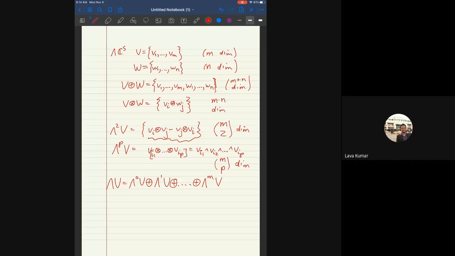And if you check what dimension this vector space has, it's the sum of all of these components, and you can check that it's a 2 to the M dimensional vector space. Okay, so that's how the exterior algebra over V is defined as a vector space.